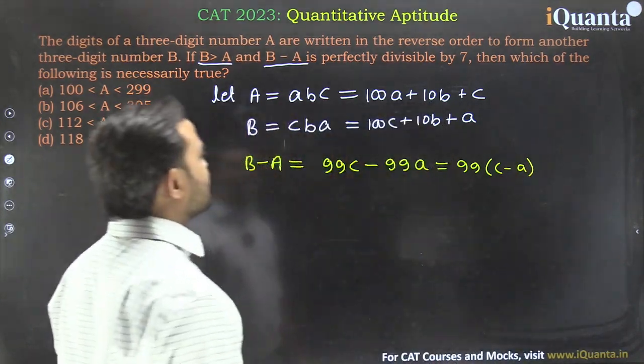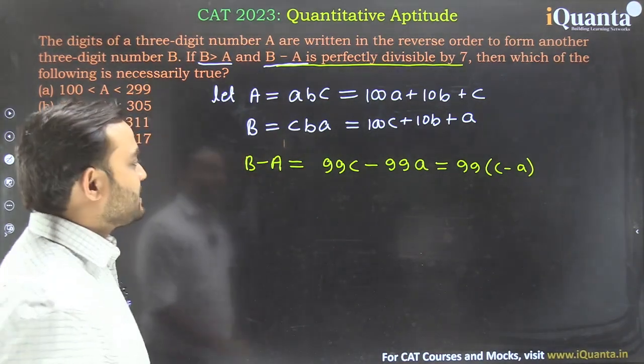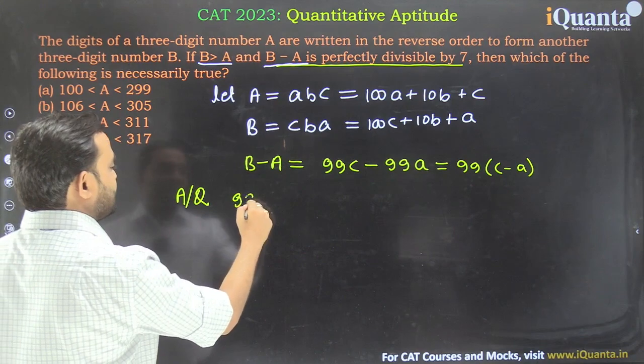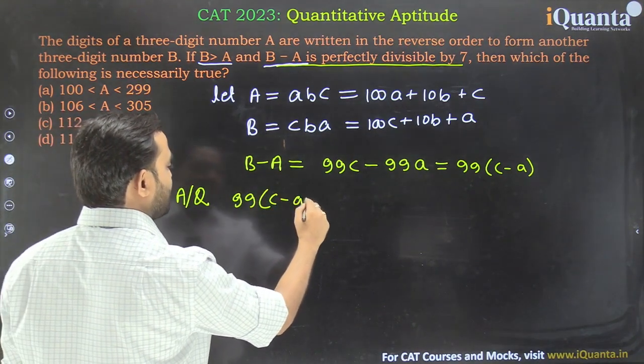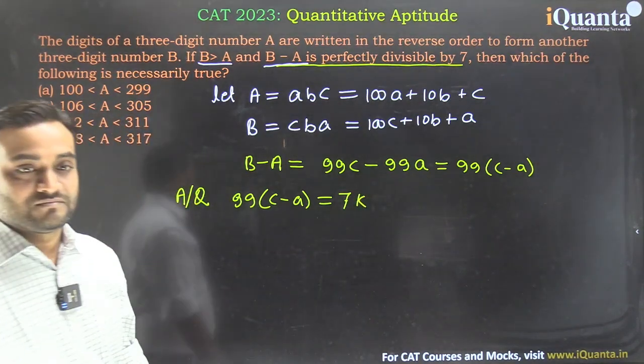Now it also says that B minus A is perfectly divisible by 7. So according to the question, 99 times (C minus A) is a multiple of 7, and we can write it as 7K, right?